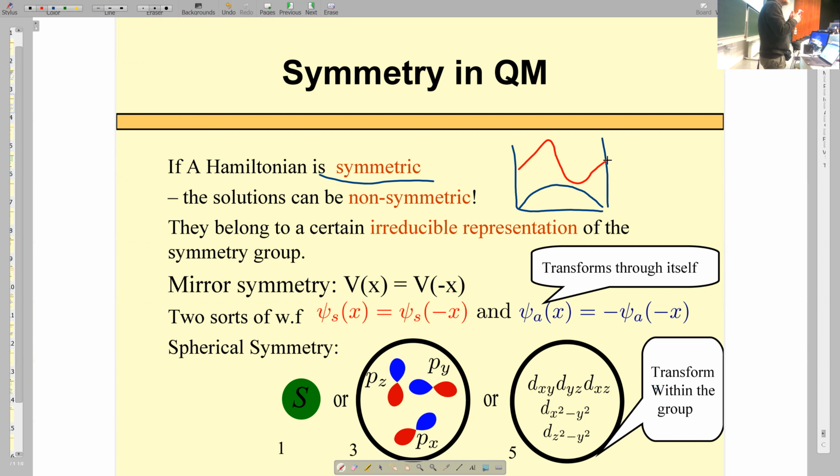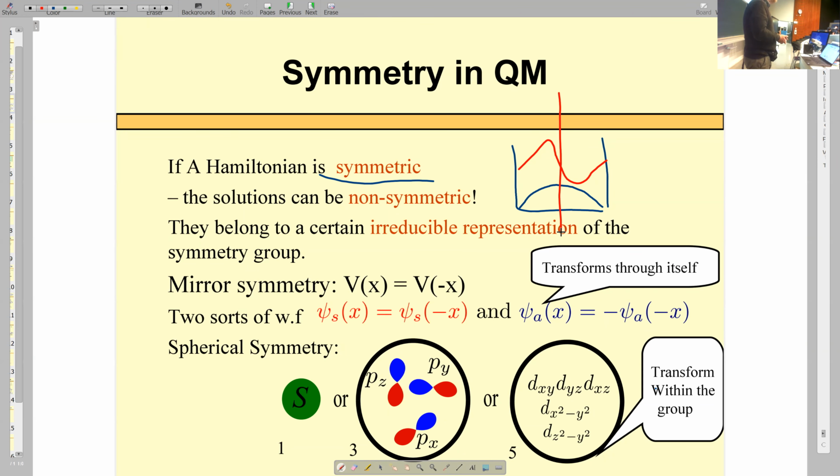It flips sign if you apply the symmetry. What is the symmetry here? It is reflection with respect to this plane. And then we go again and again: symmetric, anti-symmetric, symmetric, anti-symmetric state, and so on. So all solutions of this Hamiltonian, and any Hamiltonian with mirror symmetry, have this label. They are either symmetric or anti-symmetric.